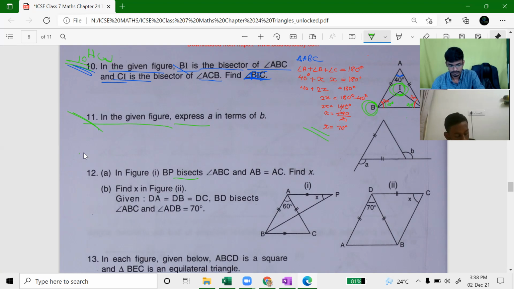We will do one by one. In the given figure 1, BP bisects ABC, meaning this is angle ABC and this is the bisector. Any doubt till here? No, sir. Where AB is equal to AC, these two are equal to each other, so it becomes an isosceles triangle, right? Yes, sir. Find the value of x.